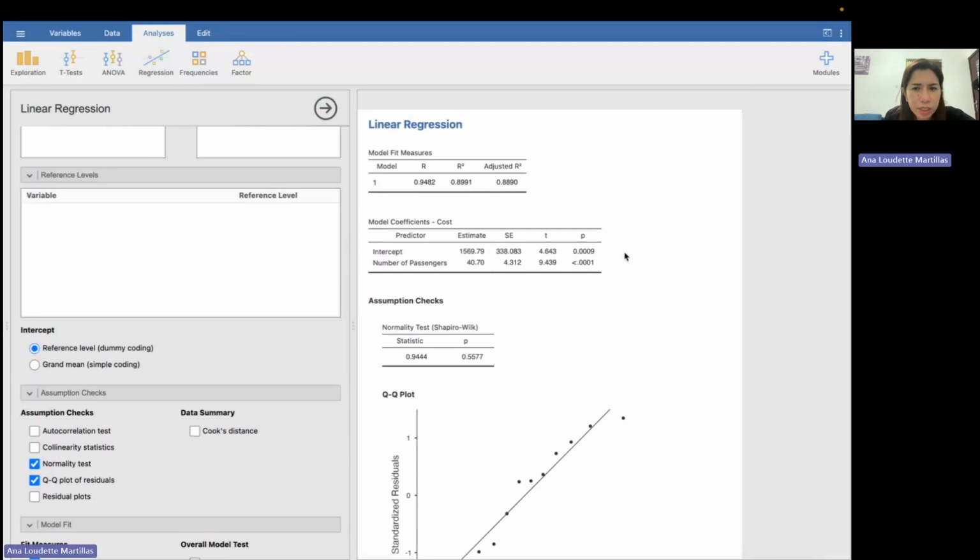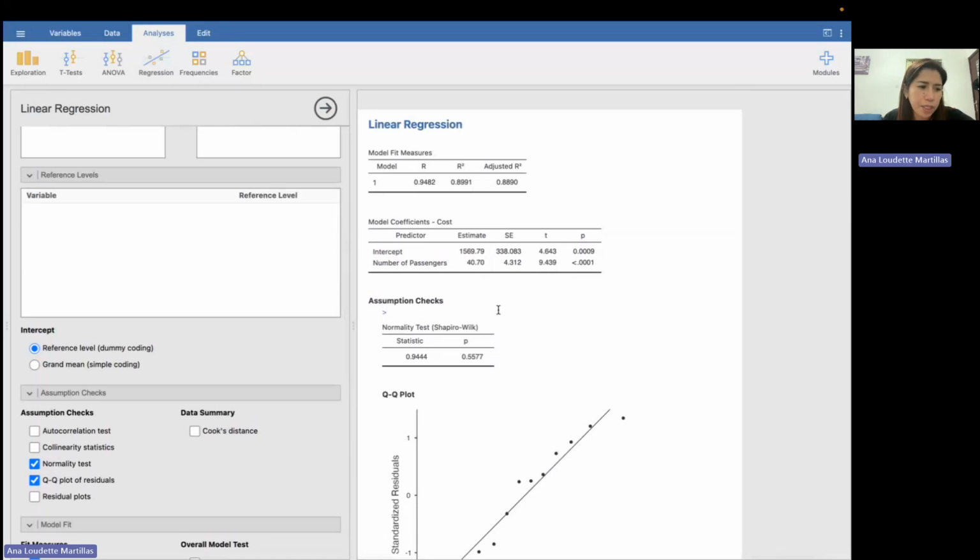So an example prediction will be for 80 passengers. So the regression equation is cost, which is 40.7 times 80, which is the number of passengers, plus our intercept of 1569.79, is equal to 4,825.79.